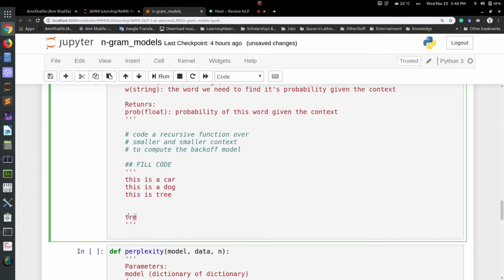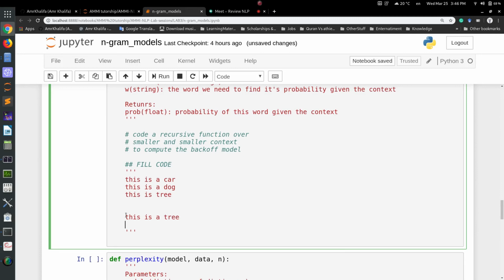Suppose in my test data there's a sentence like that is a tree, and suppose I have something like this is a tree in my validation set, but this is my training set. So I will have a count of tree given this is to be 0.